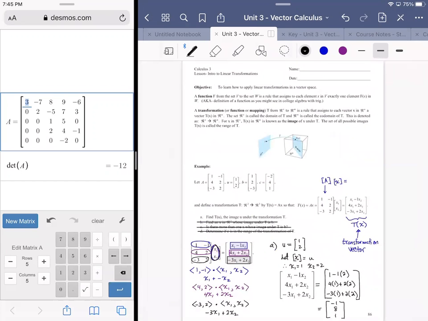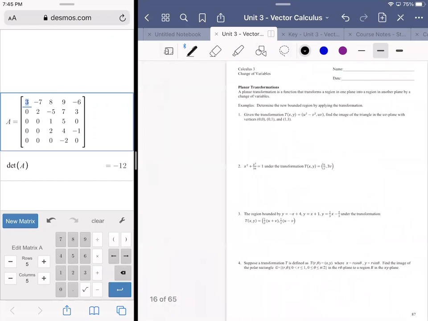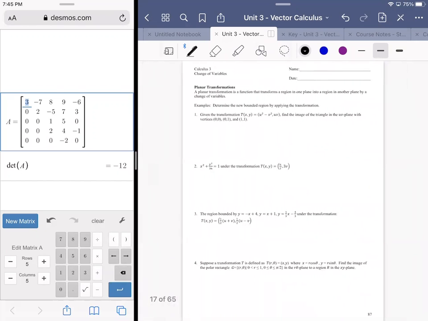So that's the intro to linear transformations. What we're going to do, starting next class, is talk about changing variables. So we start off with the planar transformations. That's the case where we get some relationship that allows us to transform essentially the basis of the rectangular coordinate system.